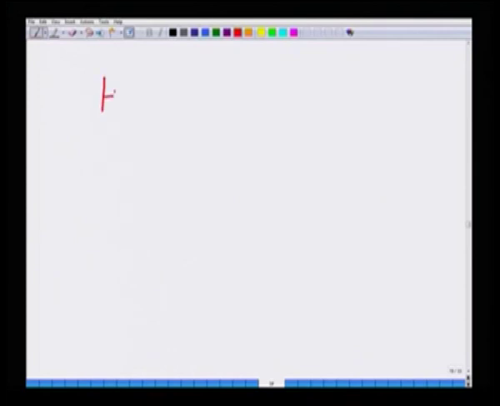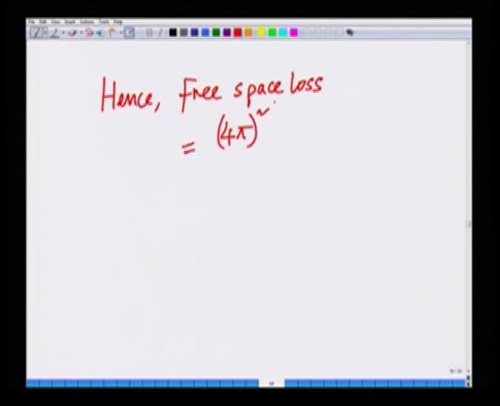Hence, the free space loss is equal to 4 pi square d square divided by lambda square.